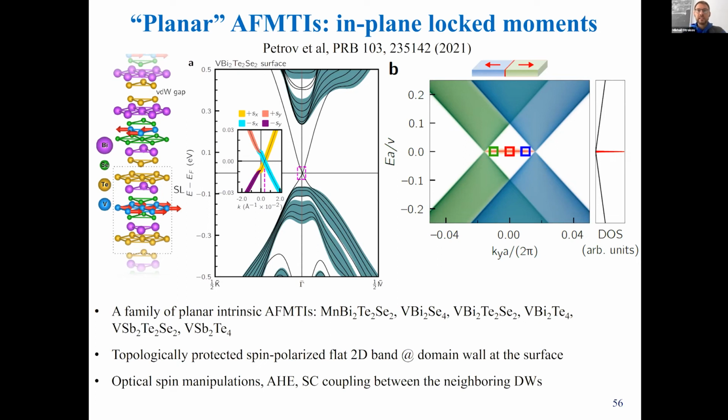But since this is the same surface, somehow these two electronic structures belonging to the different domains should be connected. And the connection appears exactly at the domain wall in the form of this flat band connecting the two Dirac nodes of the corresponding Dirac cones.